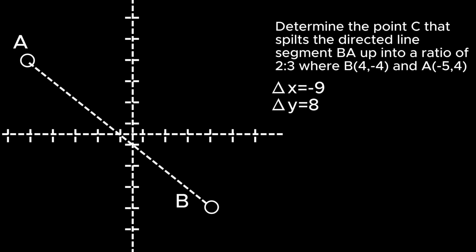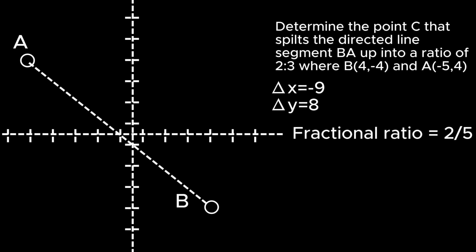Then we have to make the ratio into a fraction once again. It's 2 parts out of a total of 2 plus 3 parts, which is 5 parts. So 2 out of 5 is our fractional ratio. Then all we have to do is multiply the fractional ratio by the change in x, and by the change in y.